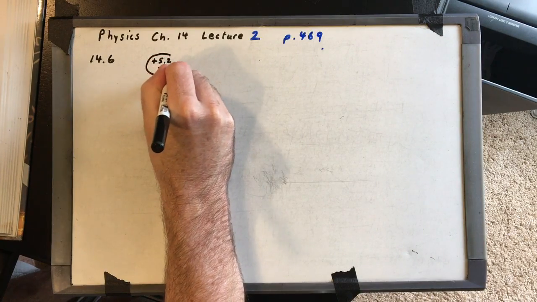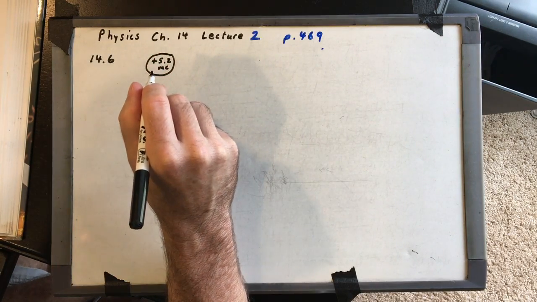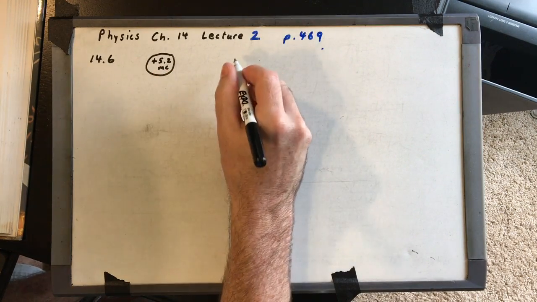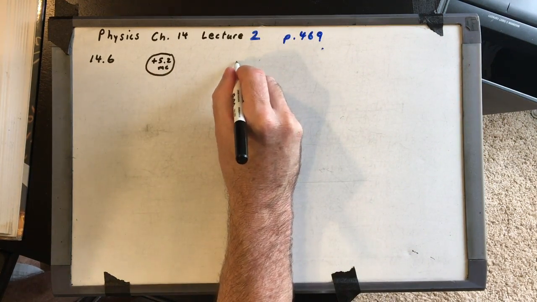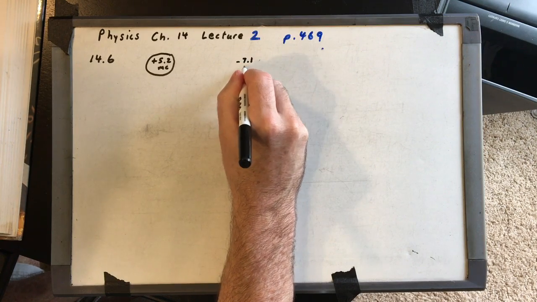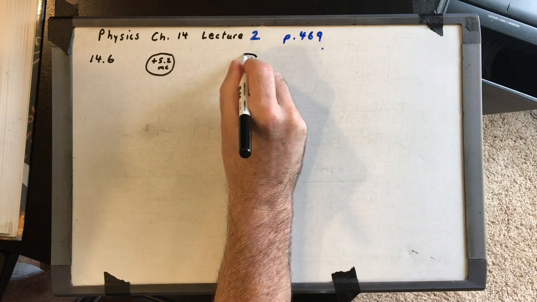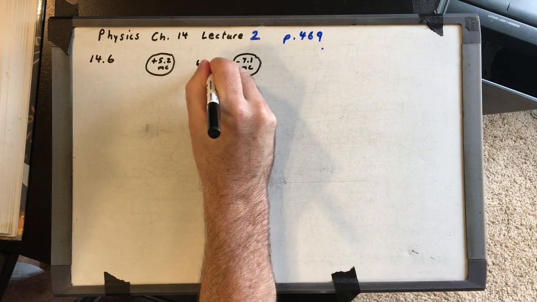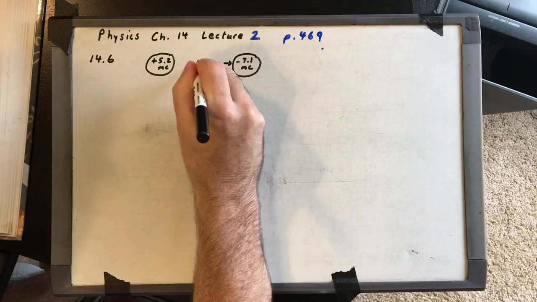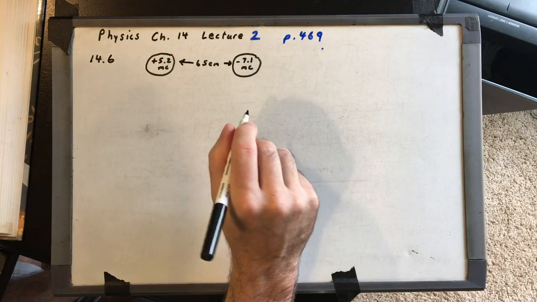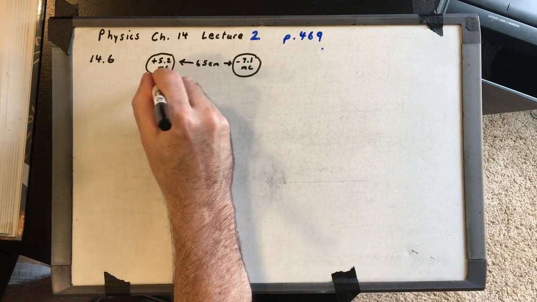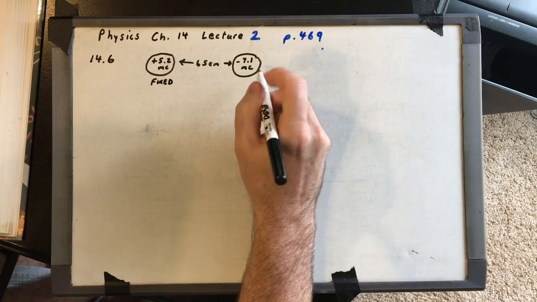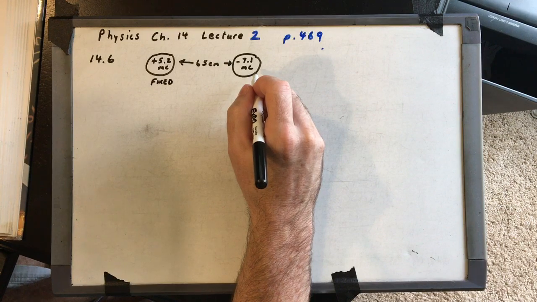That's our fixed charge, and it is 65 centimeters from a negative 7.1 millicoulomb charge. This is our fixed charge, the stationary charge held in place.